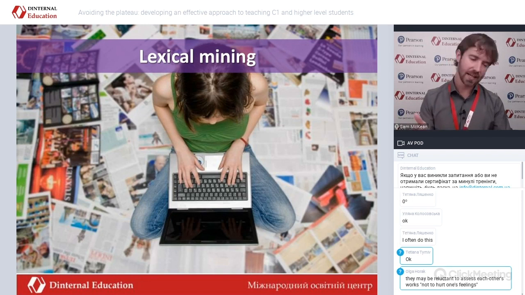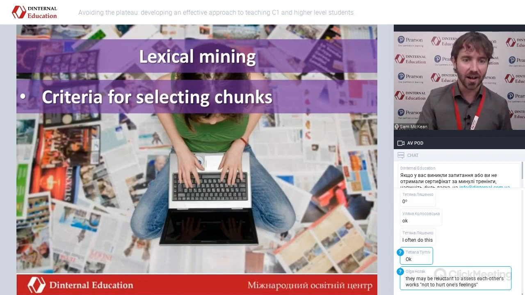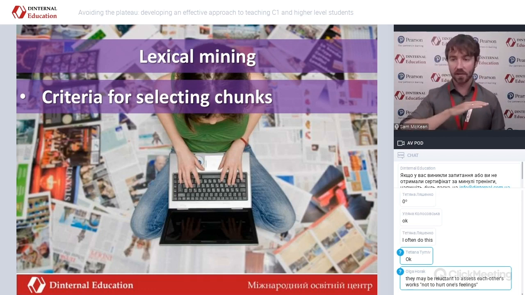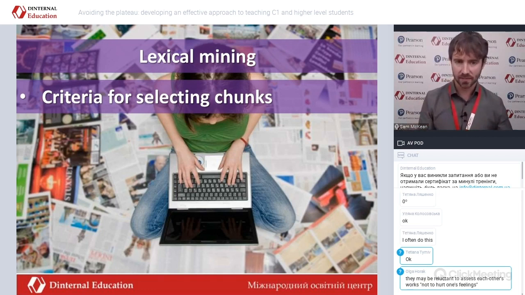So, as I said, this is the process of identifying and extracting useful chunks of language from a text. When I do it with my students, I usually give them a very simple criteria to help them determine which chunks would be useful to extract, which chunks would be useful for them to take the time to look up the meaning of.